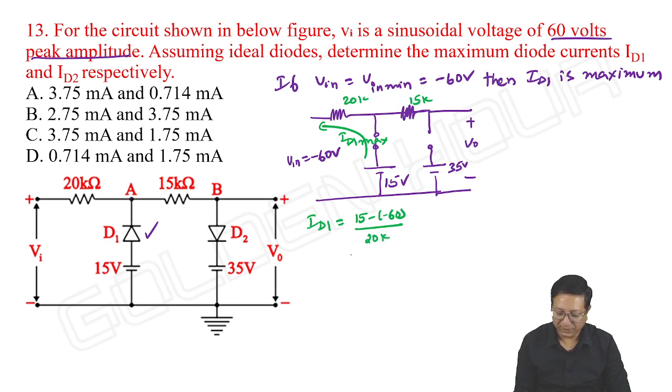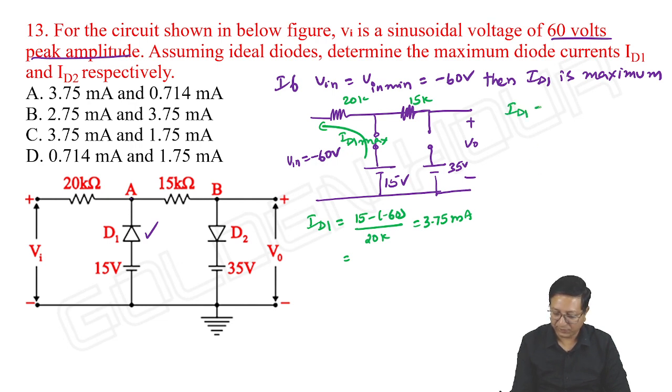So 75 by 20K, it is 3.75 milliampere. If you look at the options, A and C, both places you can see that. Fine. Let us find ID2 also.